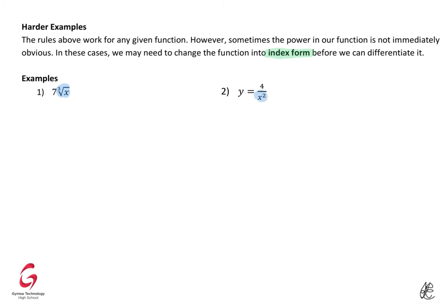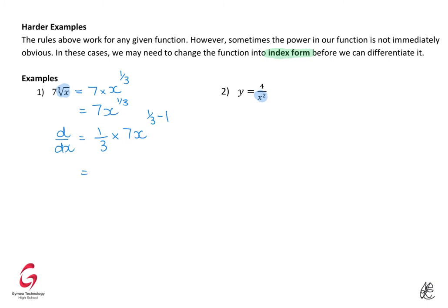So question 1 written in index form would be 7 multiplied onto x to the power of 1/3. So that's what my function looks like in index form. And as I go to differentiate it, I'm going to bring that third down the front, multiply it onto the existing function, and then take 1 away from that power.